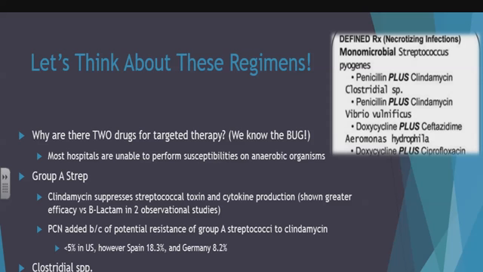However, in Spain, there was a study recently that showed up to 18% of their strep species were resistant to clindamycin. And in Germany, they saw 8% clindamycin resistance. So I would say we know that they are capable of being resistant to clindamycin, and that some places have higher resistance rates than others.